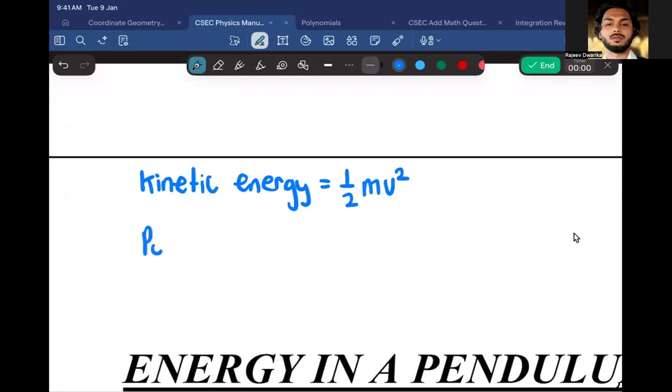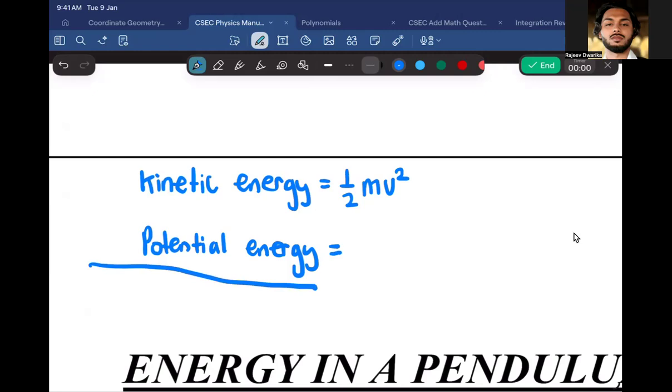Now, potential energy is the energy something possesses by virtue of its height, right? Because Jada, if something has a height, wouldn't it be attracted to the ground as a result of gravity? The full name is gravitational potential energy, but we did just say potential energy.